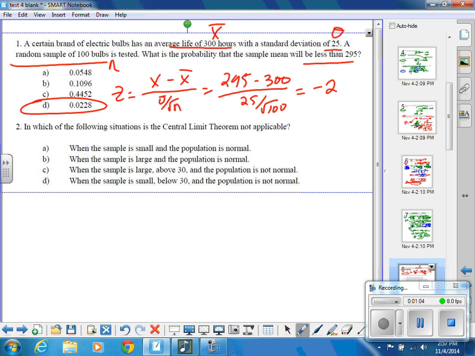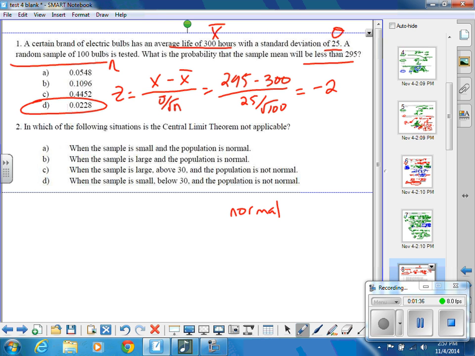Now the next one is saying, in which of the following situations is the central limit theorem not applicable? Notice here, our sample size was 100, over 30. That's a big part of this. The other thing is, if they don't give us a sample size, or if they tell us it's a small sample size, as long as they say it is normal, normally distributed, then we can go ahead and do this.